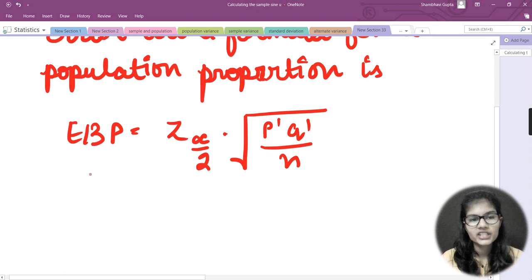Now from this formula, I want to transform it and make it available for finding the n value as well. We all know how to do that.